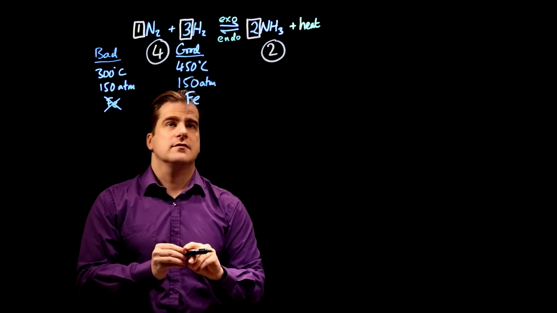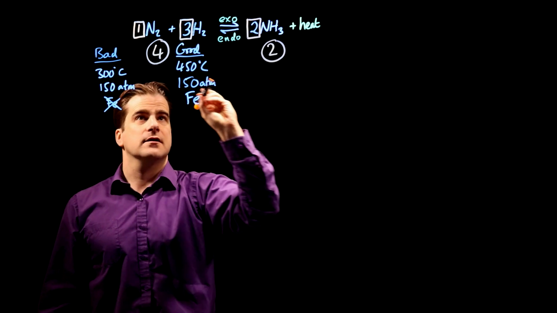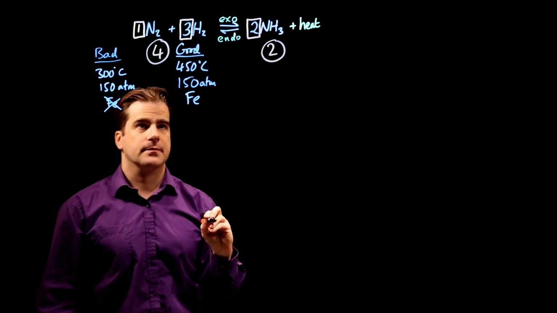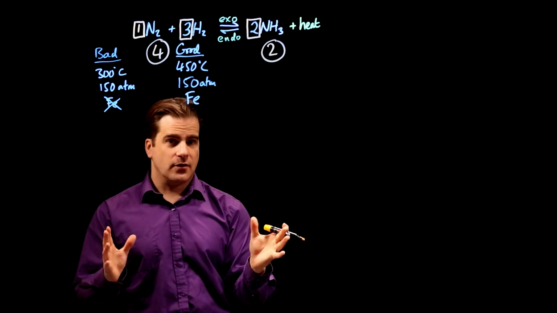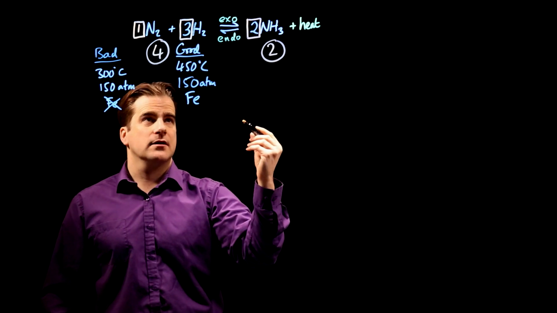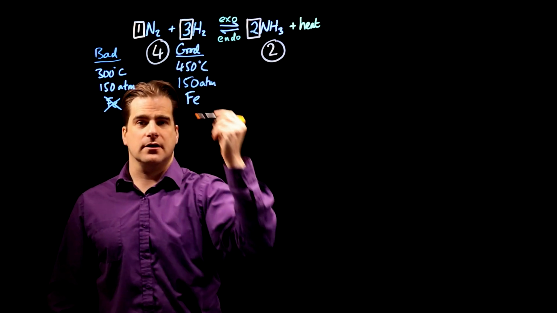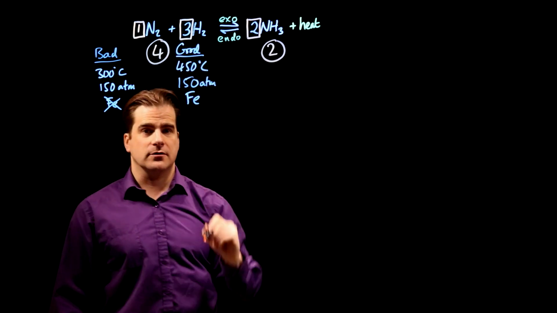Okay? So it favours that reaction in this case. Got it? And that's it. So likewise, if you decrease the pressure, it will favour that reaction. If you decrease pressure, it will favour the reaction that produces more molecules.